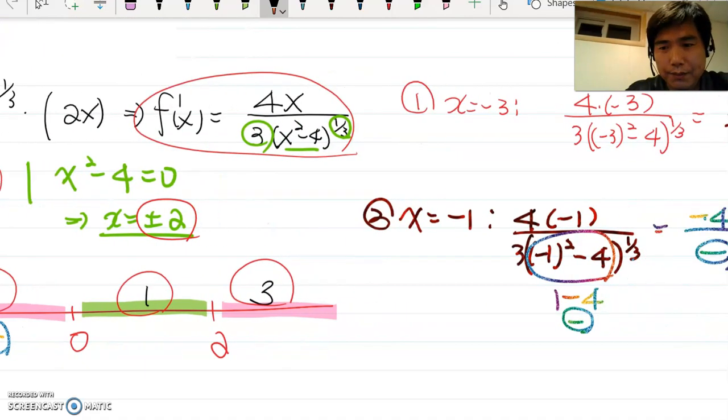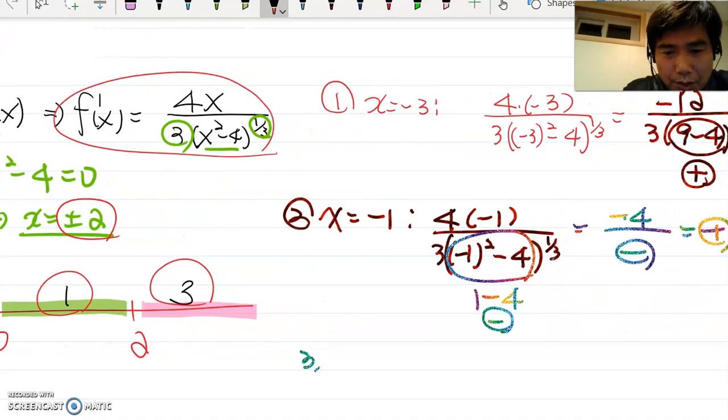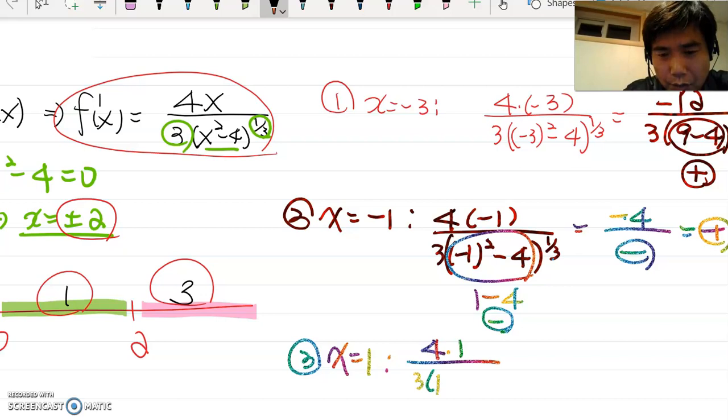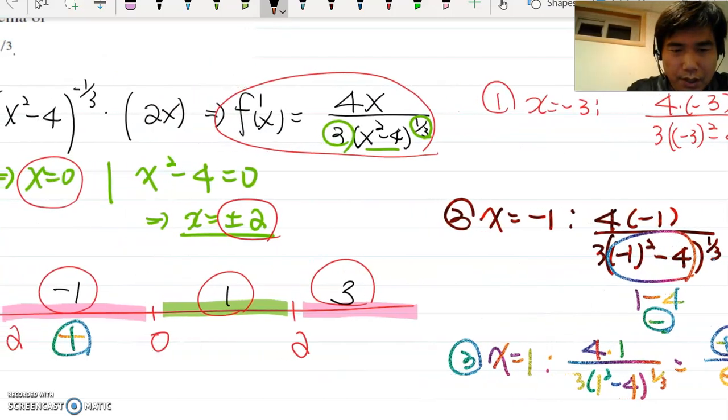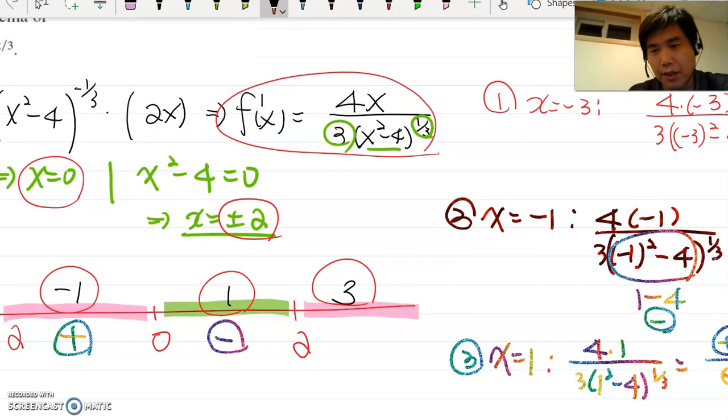Now number 3, x equal to 1. Then 4 times 1 over 3 times (1 squared minus 4) to the 1/3 power. So when you look at this, the numerator is positive because 4 times 1 is positive, and then the denominator is negative, so it becomes negative. So I can say that's also negative.